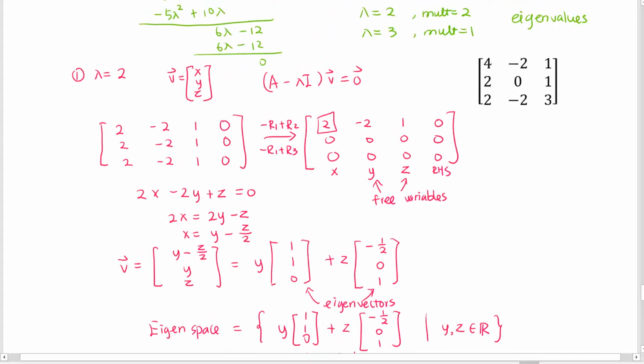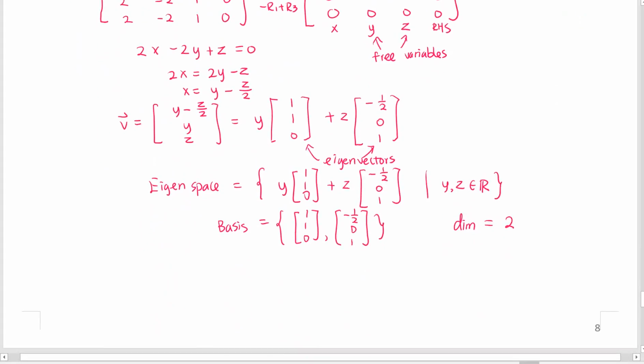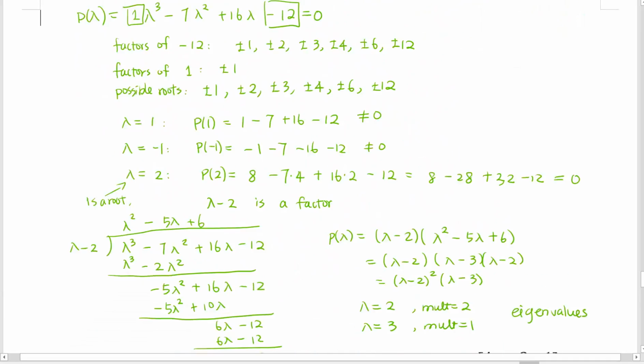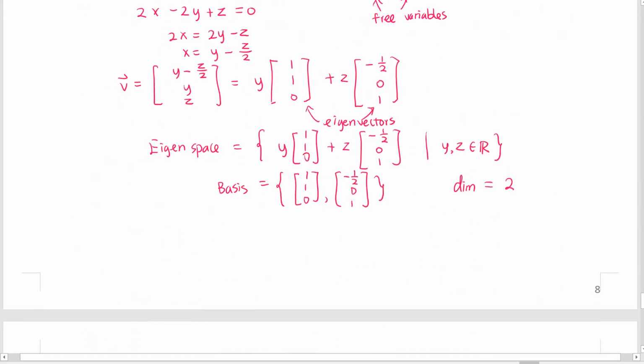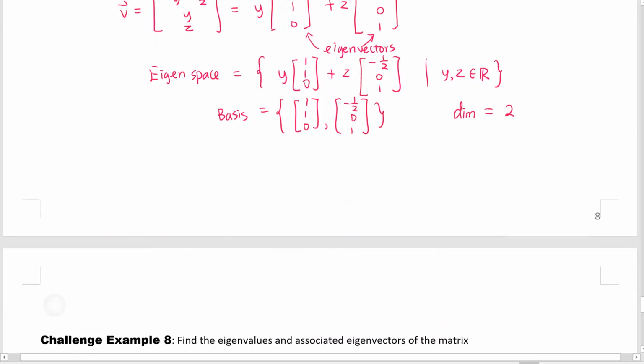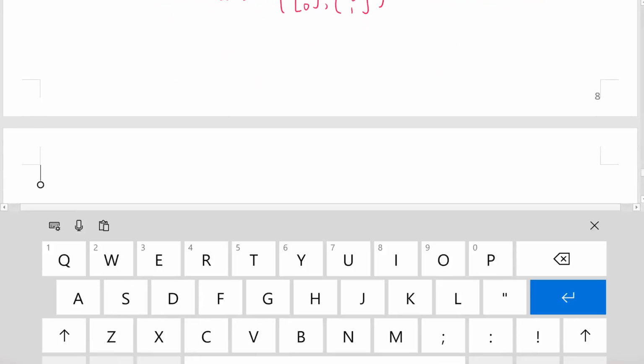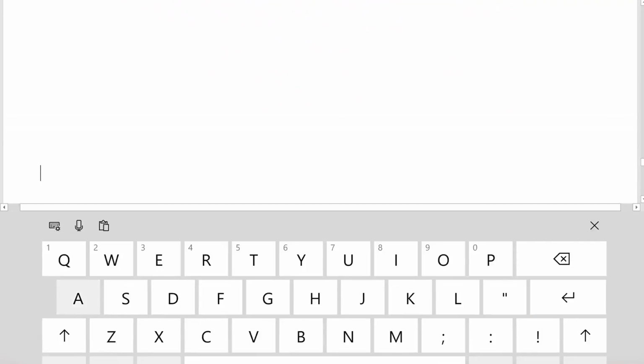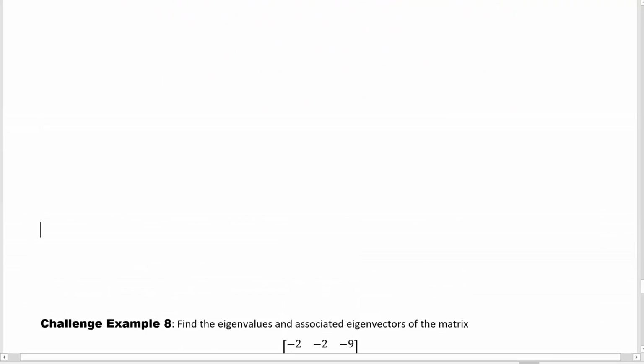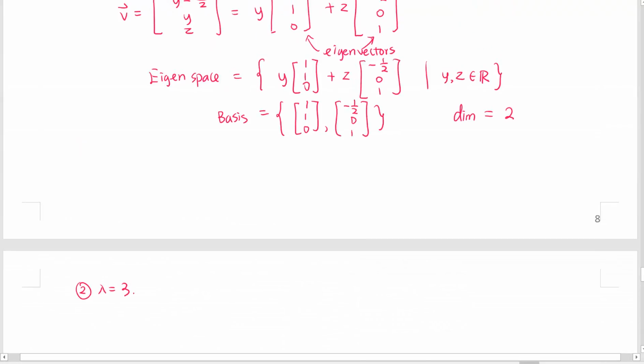How about when lambda equals 3? When lambda equals 3, we need more space. Let's see what it is now.